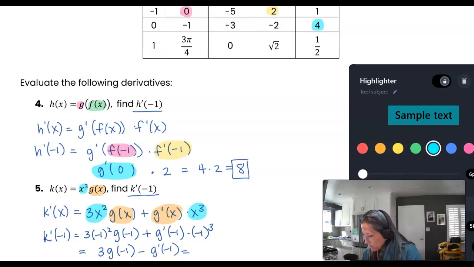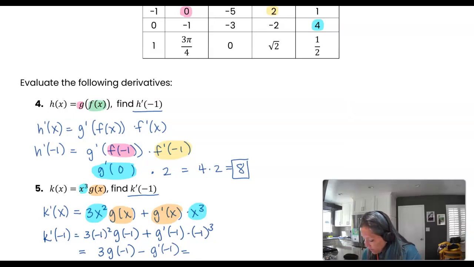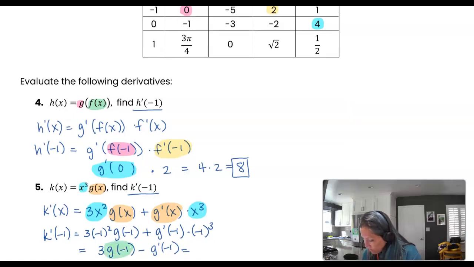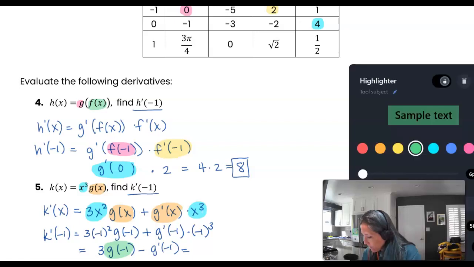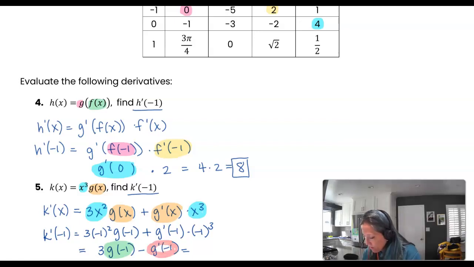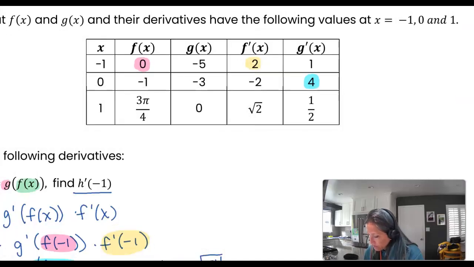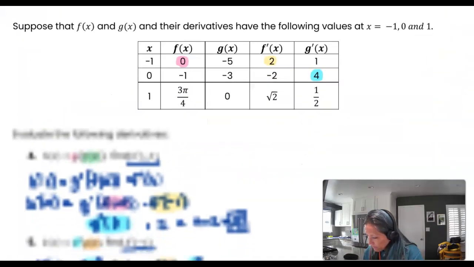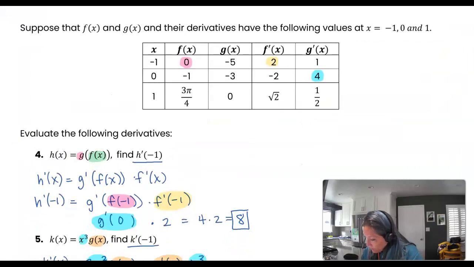All right, so now we're ready to use our highlighter. We need a g of -1, and we need a g prime of -1. I'm trying to use colors I haven't used yet. Okay, so we come back over here. I broke something. I don't even know what I did. There it is. All right, we need our g prime of -1.